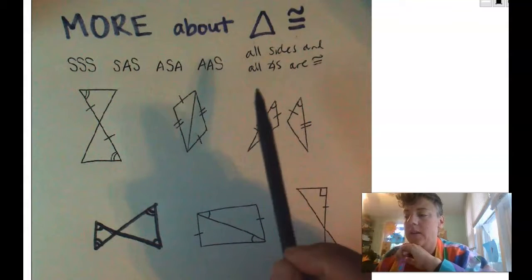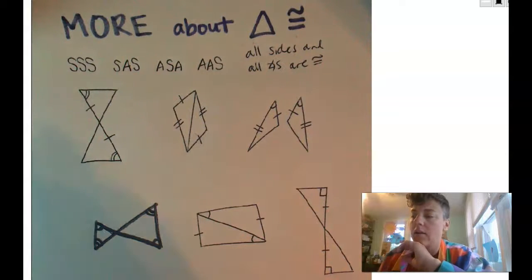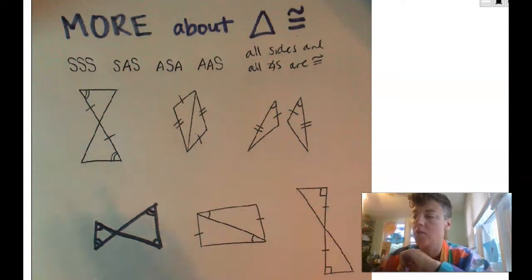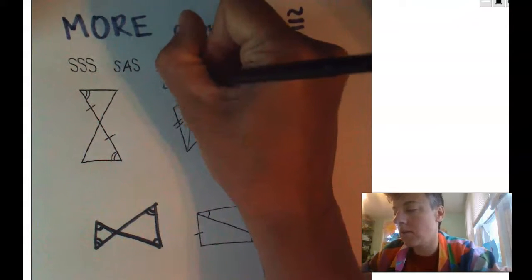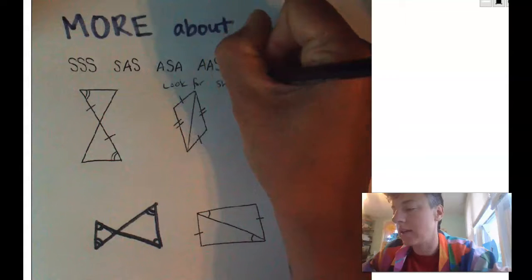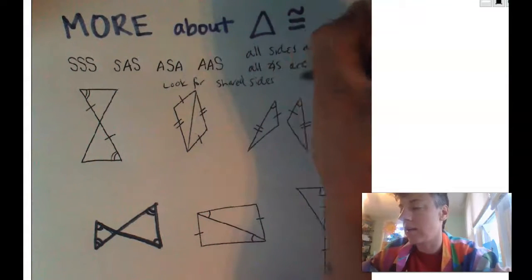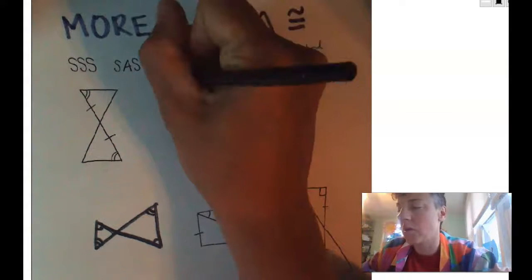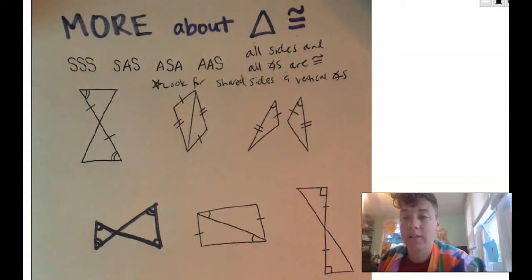Okay, so I've got a couple examples we're going to go through. We're going to use all the marks that are given in the picture, and we're also going to look for shared sides between those 2 triangles and vertical angles, because those will also be congruent and might not be given in the diagram, but we can mark them.